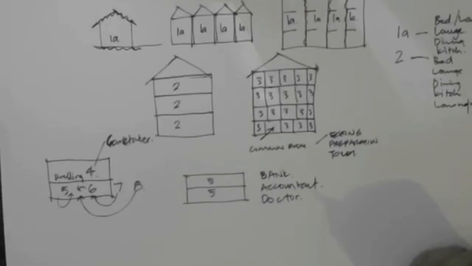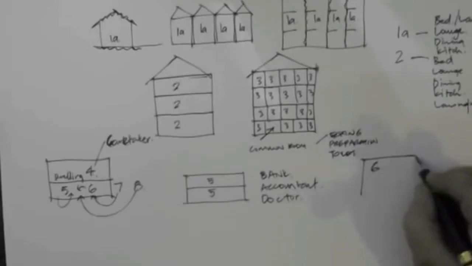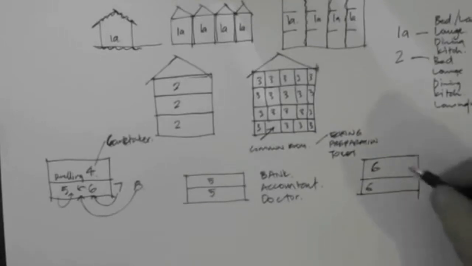The next classification is a Class 6, which is your very common retail. And 6 is basically shops. You've got your cafes, restaurants.